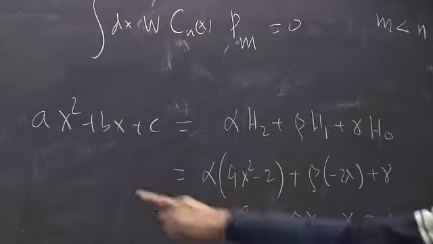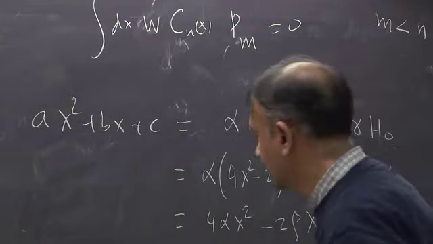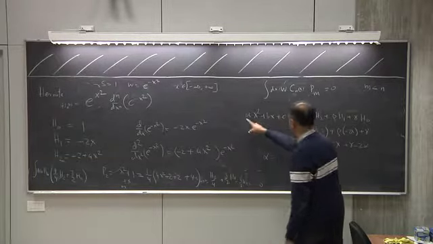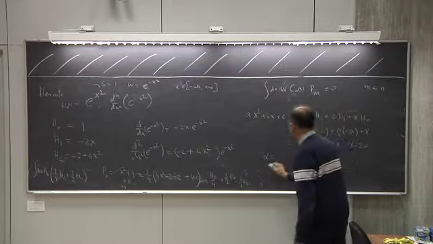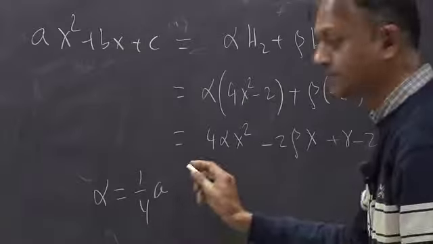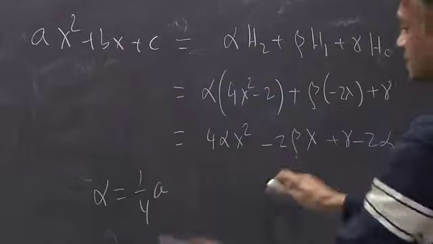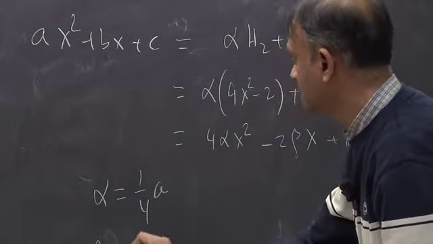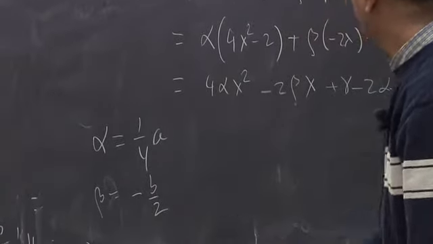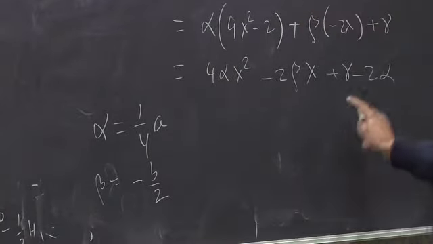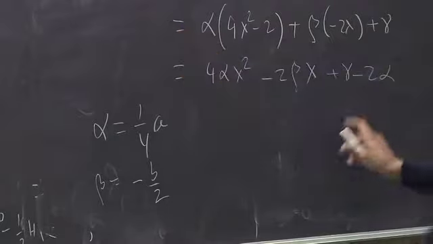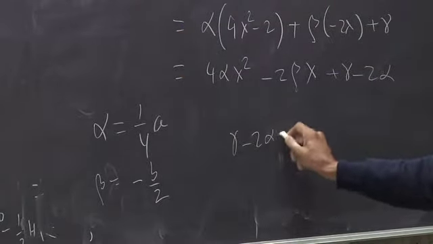Now just compare the two sides. So a is equal to 4 alpha, which means alpha is 1/4 a. Then minus 2 beta is equal to b, so beta is minus b over 2. And finally, gamma minus 2 alpha equals c.